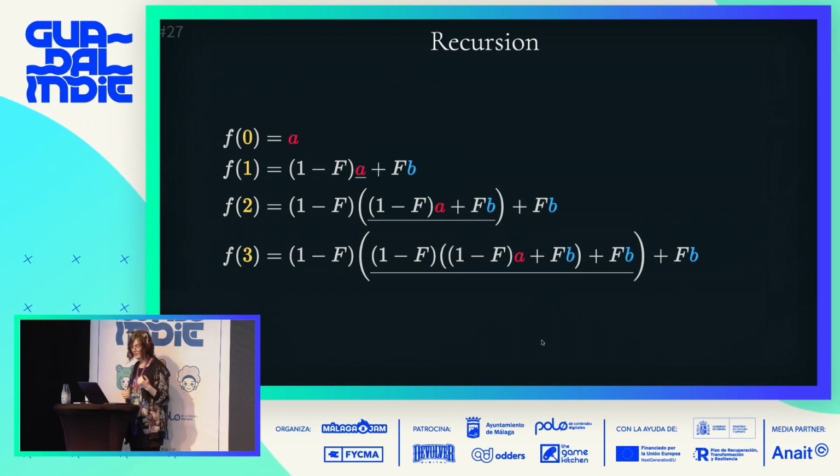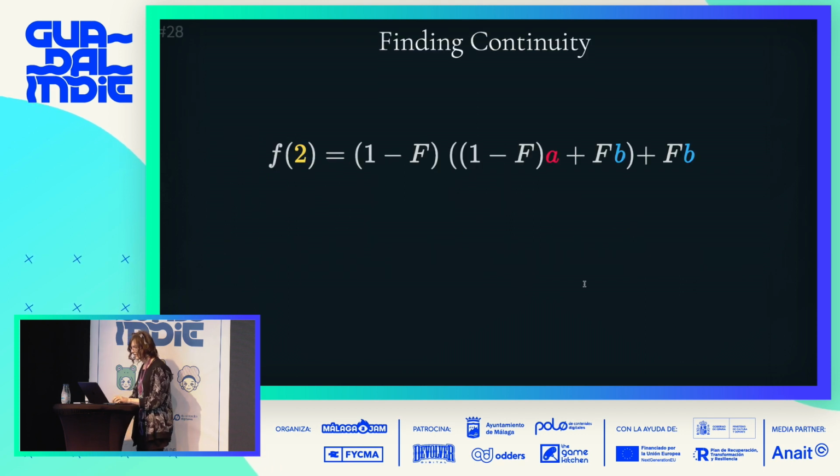But what we can do is pick one of these and see if we can work out a pattern by simplifying them. So I'm going to take the third frame, which is f2, and try to simplify that. The goal now is to find f of n in order to get that continuous function, but we're going to do it specifically just for the third frame, f2, just to see if we can see a pattern.